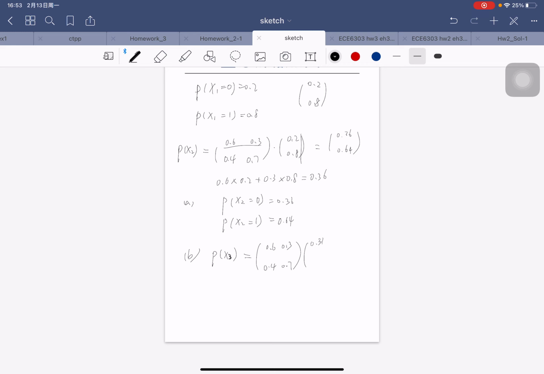And then we will have the distribution of x3. Then we have the probability of x3 equals 1 equals 0.592.